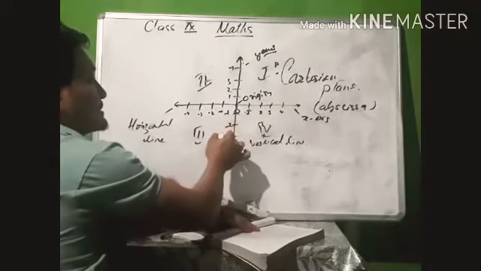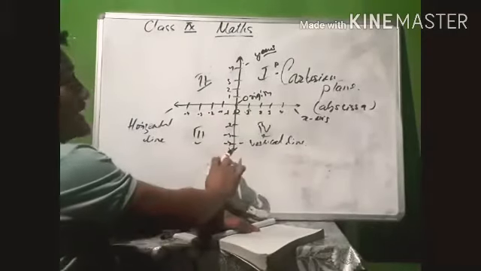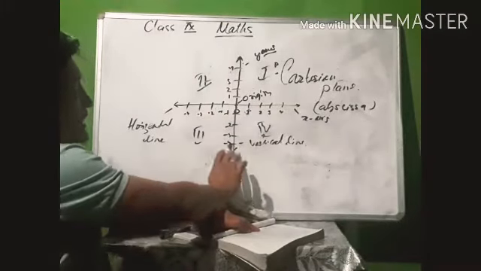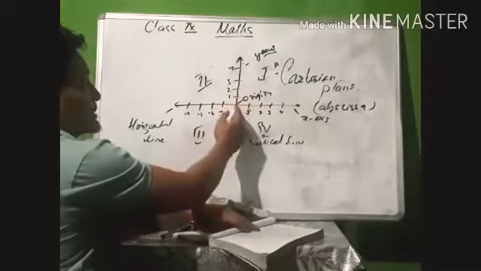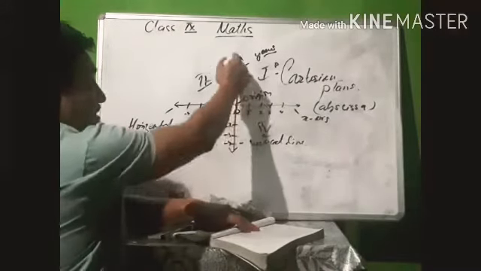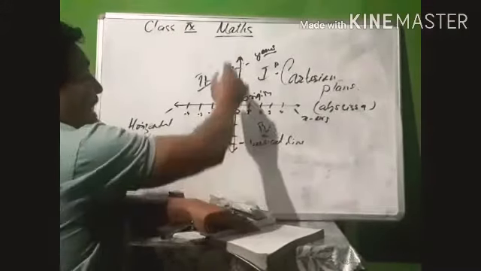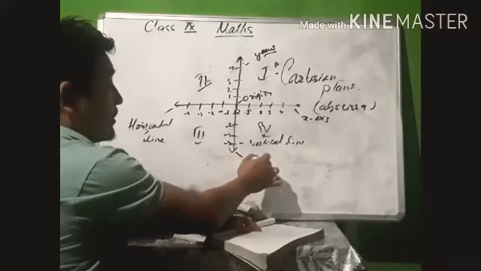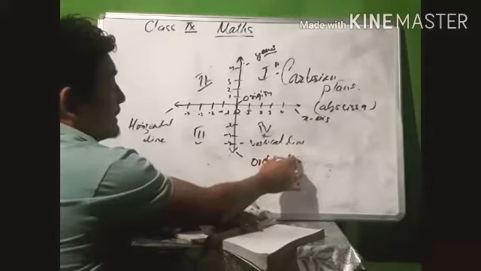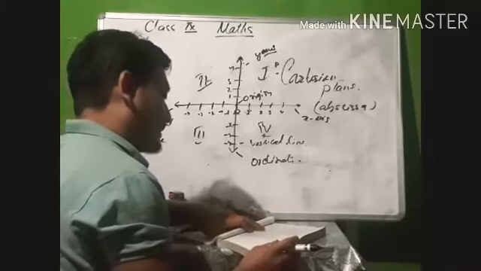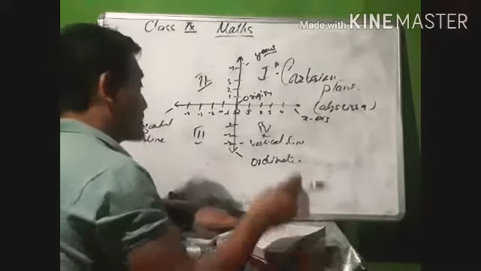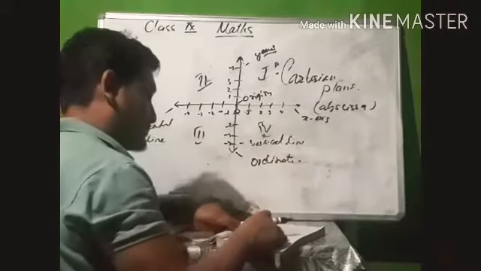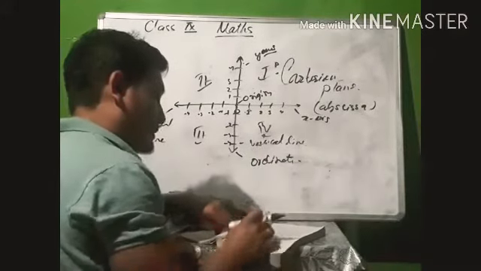These are the negative coordinates and these are the positive coordinates, and 0 is also there on the y-axis. This is the vertical line, and the coordinates of the y-axis are called the ordinates. It's given in the same book in point number 2.